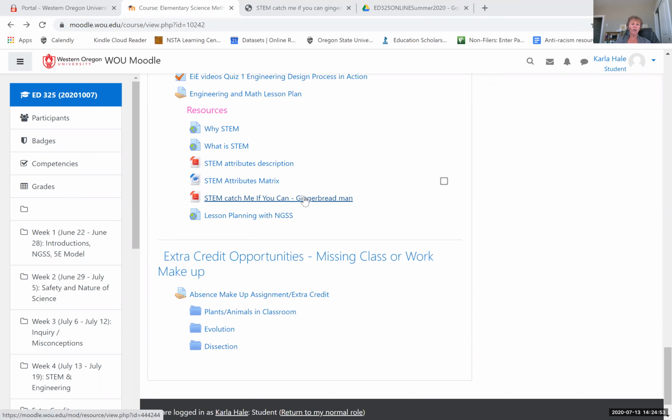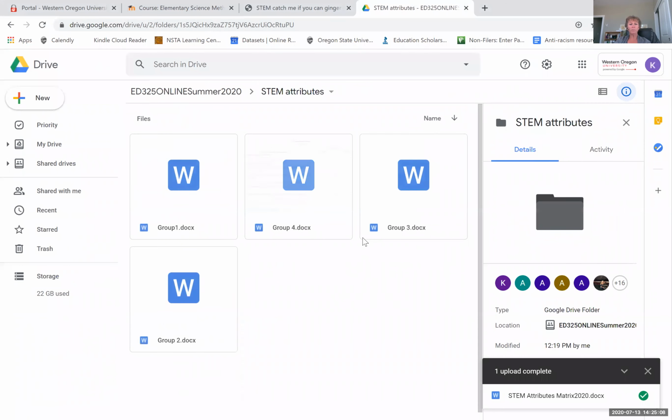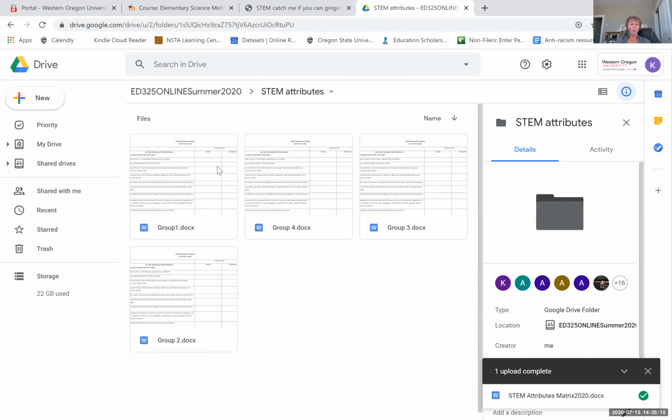That is linked on our Moodle site. I'll also upload it into our Google Drive, where I have added a folder called STEM Attributes, and there are 4 group copies of the attributes form.